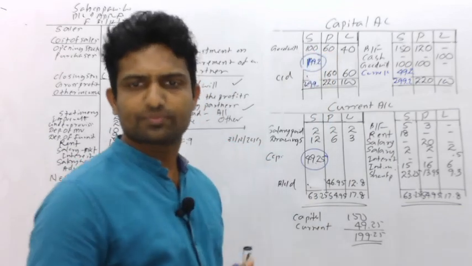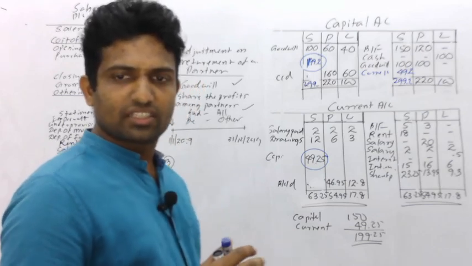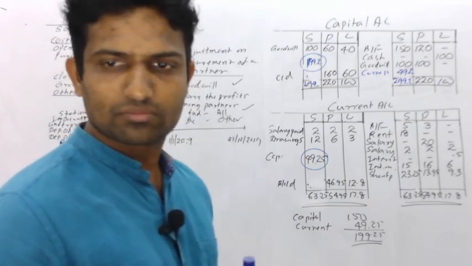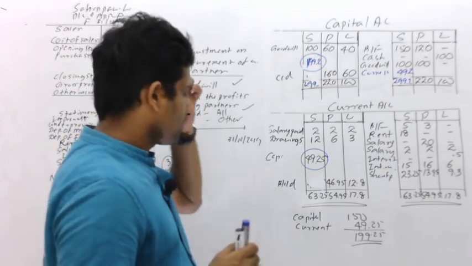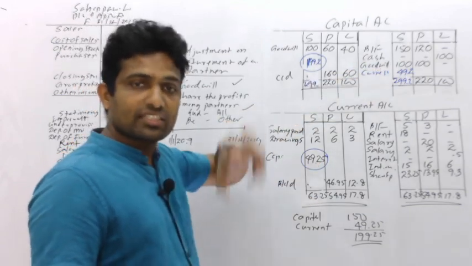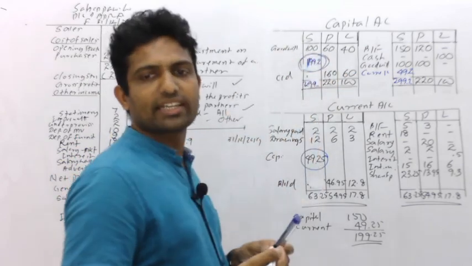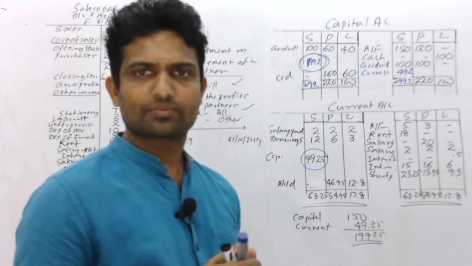Easy to understand. When the partner retires, the last step, the third one: the current account balance is transferred to his capital account. In the capital account, you can then take this as the total amount payable to the retired partner. Is it clear?